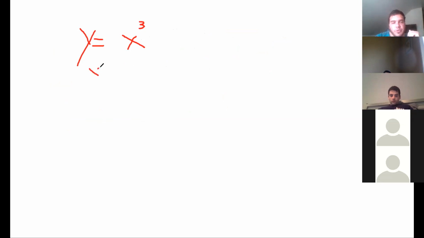You could just cube root it, but technically you're supposed to swap the positions first and then cube root it. So then cube root of x equals y. Wait. And I think it wants us to do it in terms of y though. Okay, so it's going to make us do it in terms of y. So we actually do just want to cube root it.